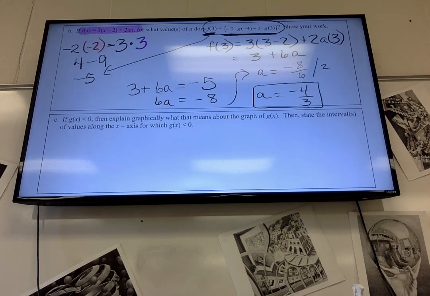Okay, C. If g of x is less than 0, then explain graphically what that means about the graph of g of x. Then state the intervals of values along the x-axis for which g of x is less than 0. Okay, so g of x is less than 0.